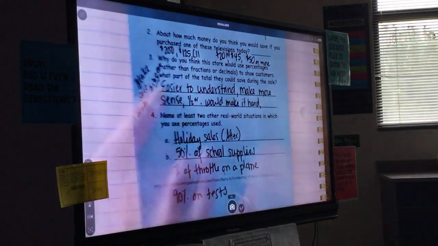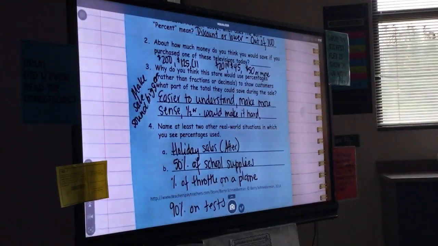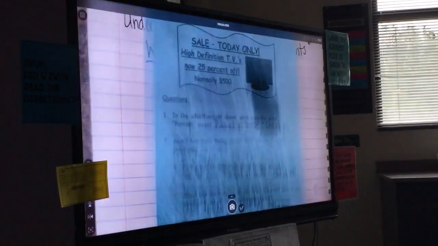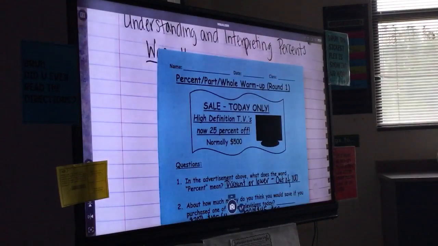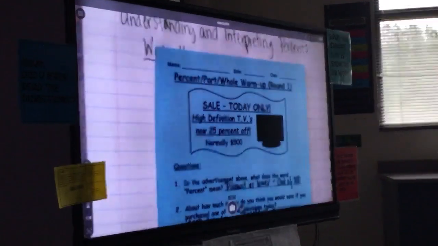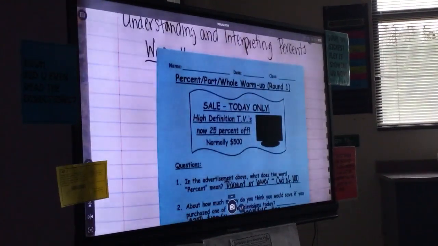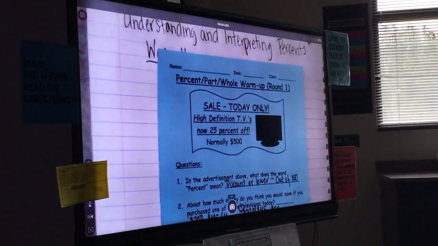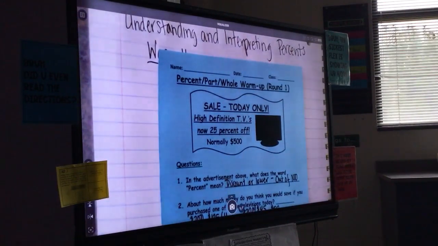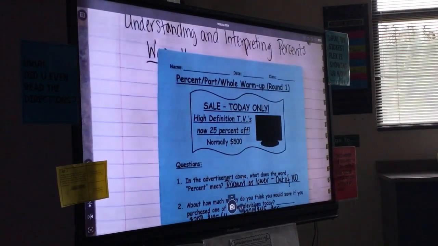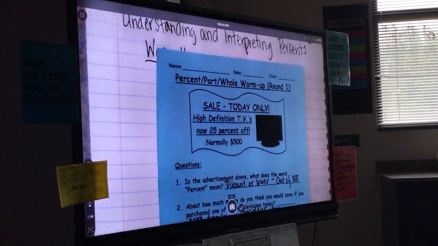All right, so take this, glue this in on this page real quick. And then we're going to flip our page over and start with our notes. You can use your highlighter today. That's fine. You don't need to talk. Just glue this in, turn your page, and get ready to move on.